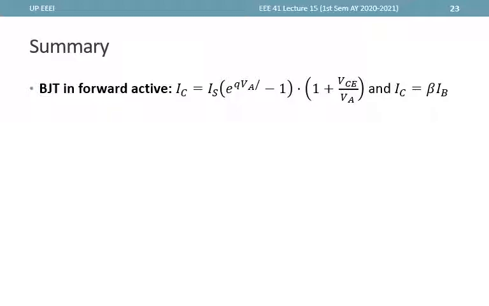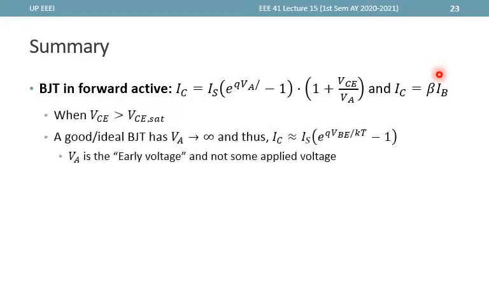Okay, so in summary, we have introduced this model equation, which we will derive in the next lecture. It is only applicable in the forward active region and can be used alongside IC equal to beta IB. To verify if you can use it, we must check that VCE is greater than VCE SAT. A good or ideal BJT has a VA that approaches a very, very large value.